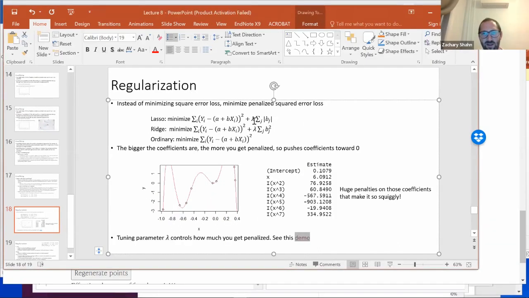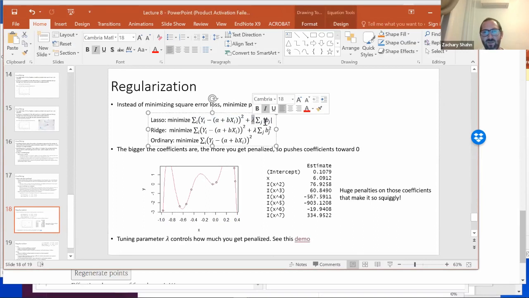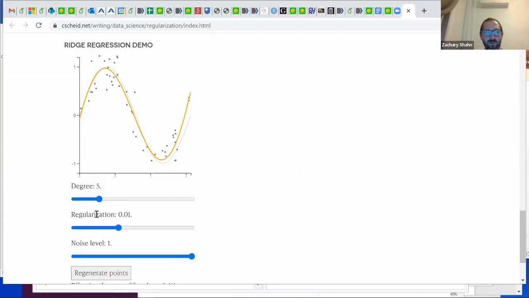That tuning parameter, lambda, controls how much you penalize the coefficients for being too far from zero. So if lambda is 0, you're not actually penalizing at all. And if lambda is really big, then there's a big penalty. The bigger lambda is, the more you avoid overfitting. In this demo, this thing lets you make lambda bigger or smaller.